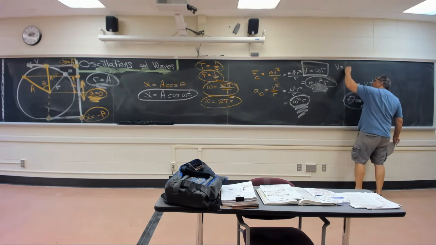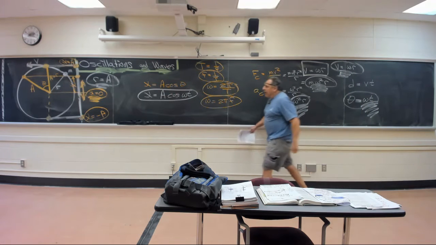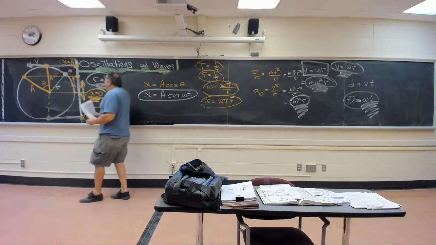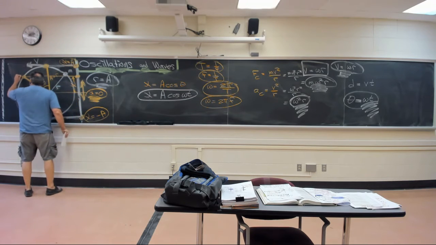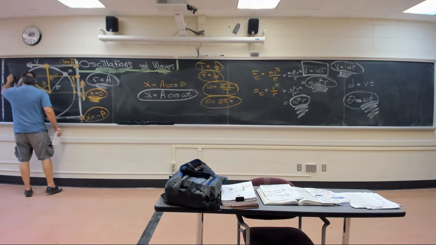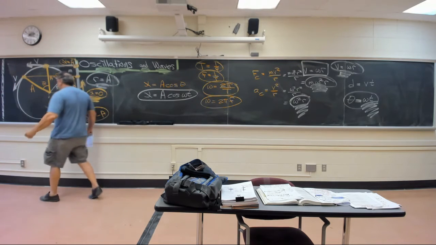V was equal to omega times r, or omega times a, because the r is the a, right? How I want to talk about it. Look, this is going speed v, ladies and gentlemen. Always, for our purposes.